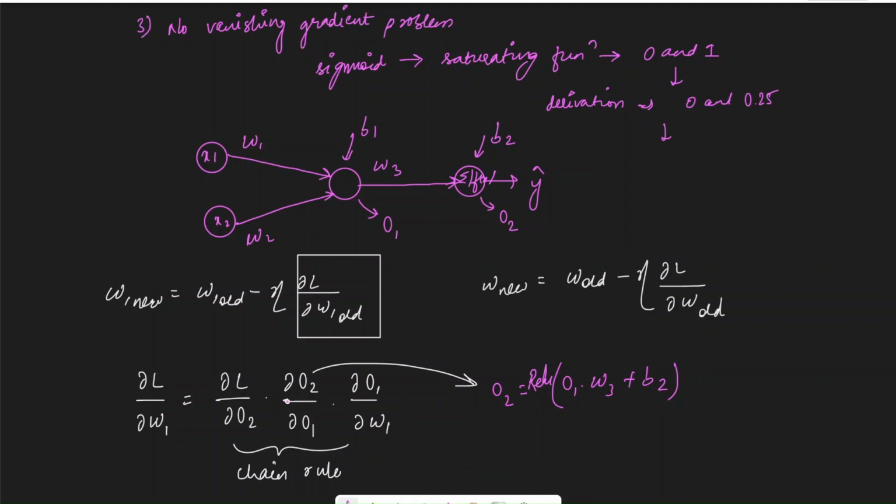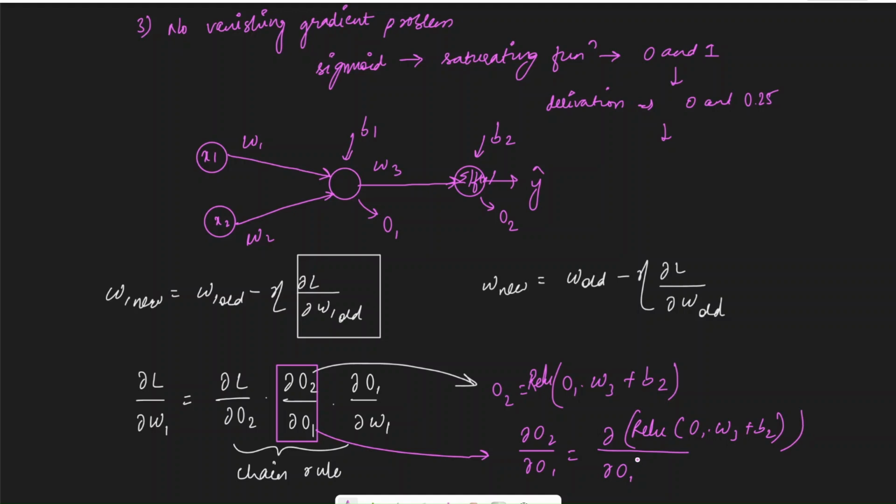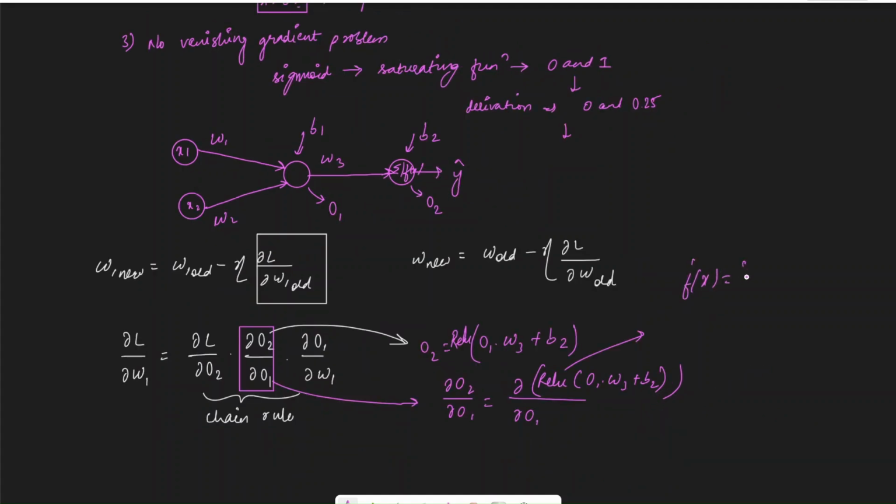Now, in just this particular term, we can rewrite del O2, the derivative of O2 with respect to O1, as the derivative of ReLU of (O1 multiplied by W3 plus B2) with respect to O1. Now, the derivative of the ReLU function, f dash x, is equal to 1 when x is greater than 0, and when x is less than or equal to 0, it is 0.